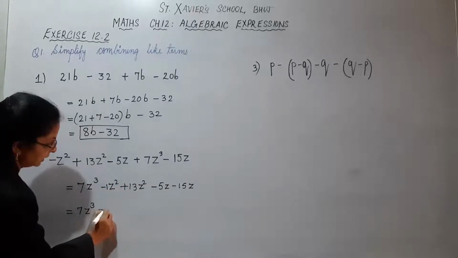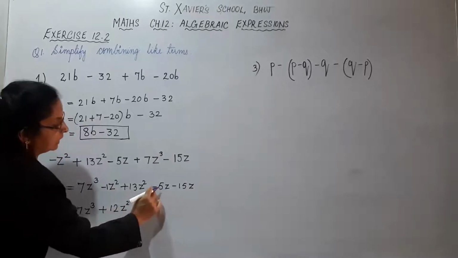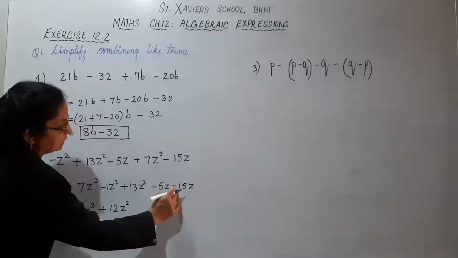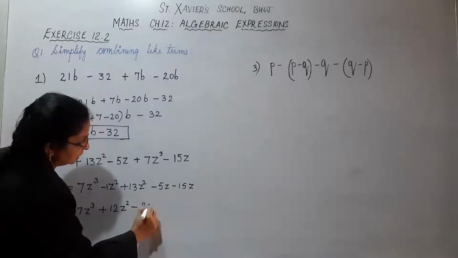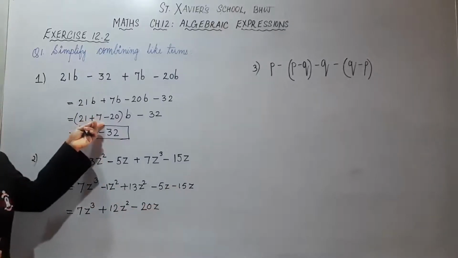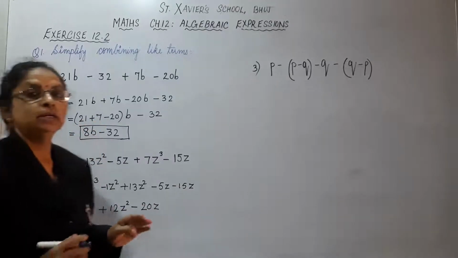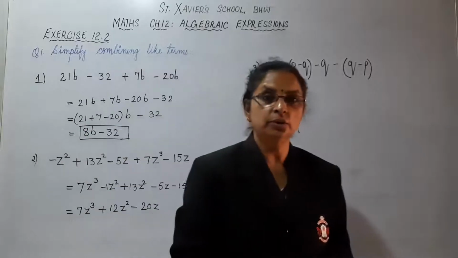Directly you can write plus 12z square. Now minus 5 plus minus 15 is minus 20z. If you want, you can write in this way or you can directly write the answer. Whichever is comfortable for you, you can do it. Okay.